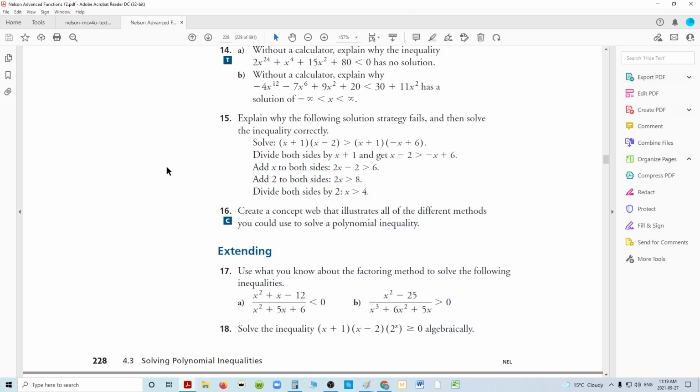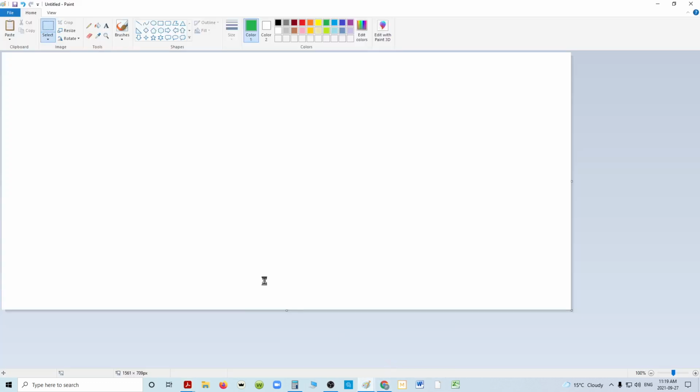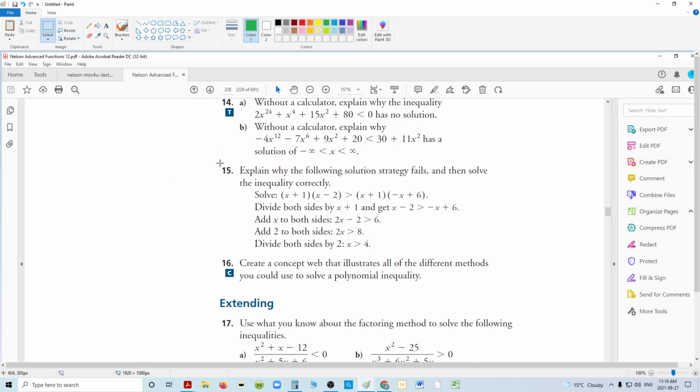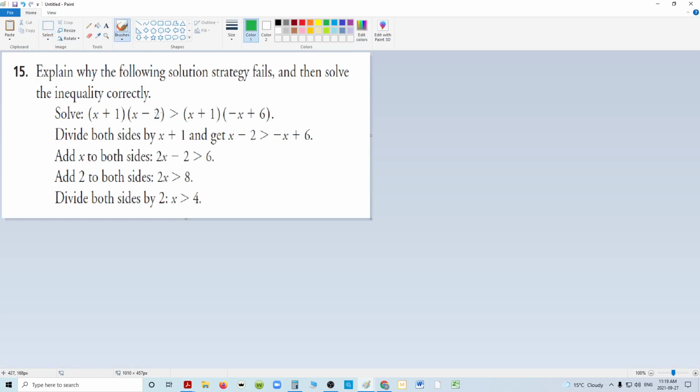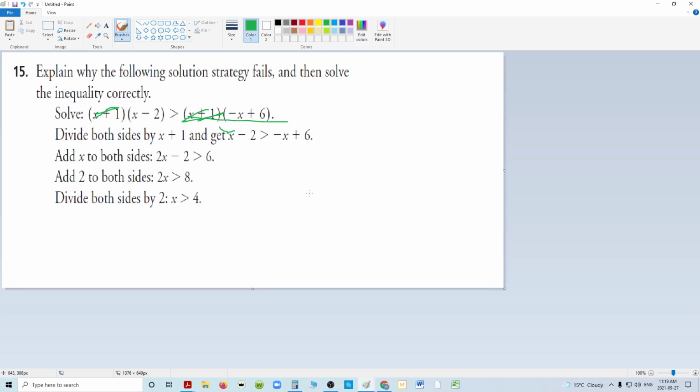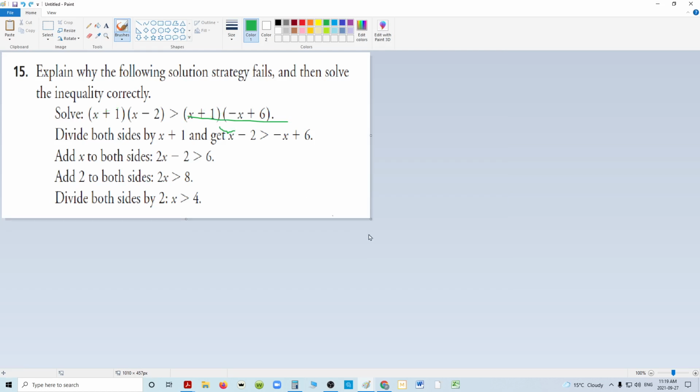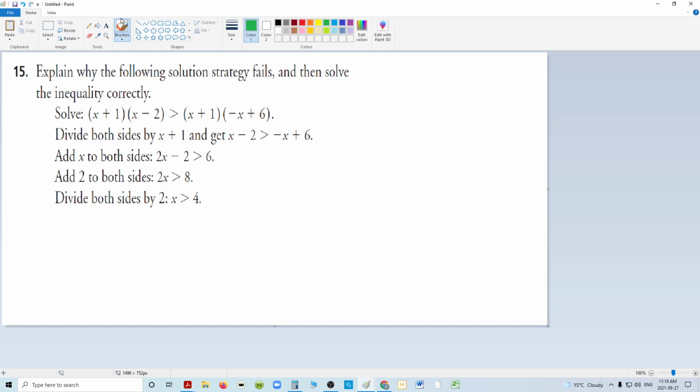Okay, they're saying the explanation they gave us is incorrect. Let's see if we can just spot where it's incorrect. So they're saying when you divide this by x plus 1, you can cancel out this. But the problem with that is, while that's mathematically correct, those are no longer the same graphs. This is a parabola, x squared minus x minus 2.